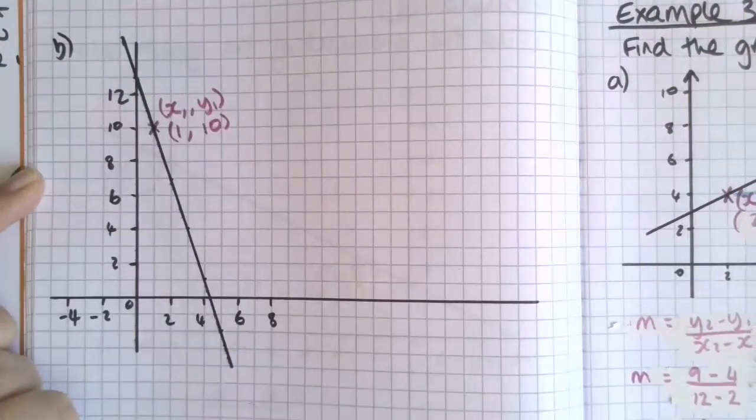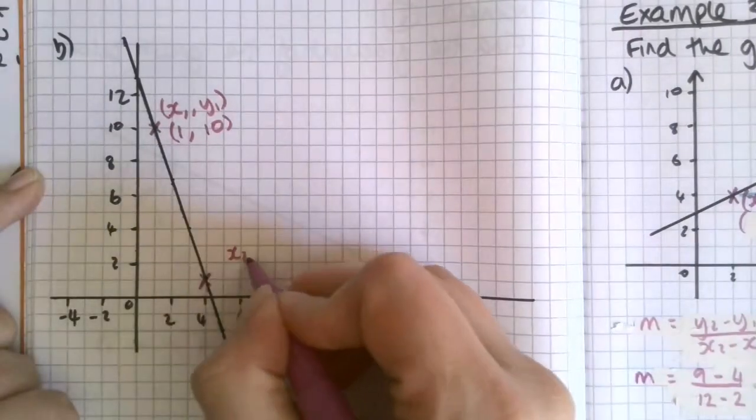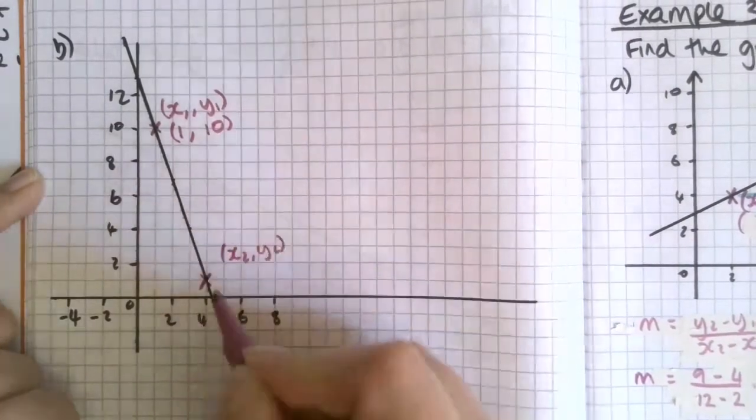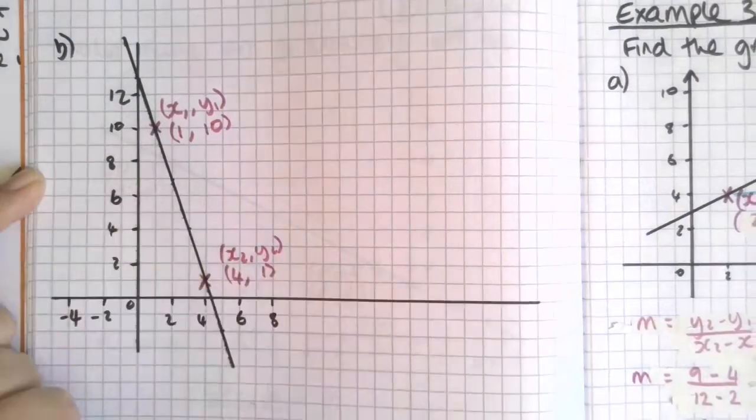And let's choose this one. So this one's going to be x2, y2. So for this, the x coordinate is 4 and the y coordinate is 1.